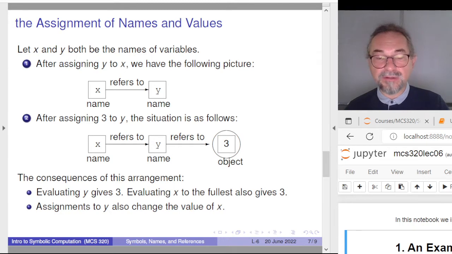This has the advantage that if you start to change the value of y, then you also change the value of x. This is a very powerful mechanism for programming. It allows to manipulate objects without making full copies. So this is also efficient in a way.